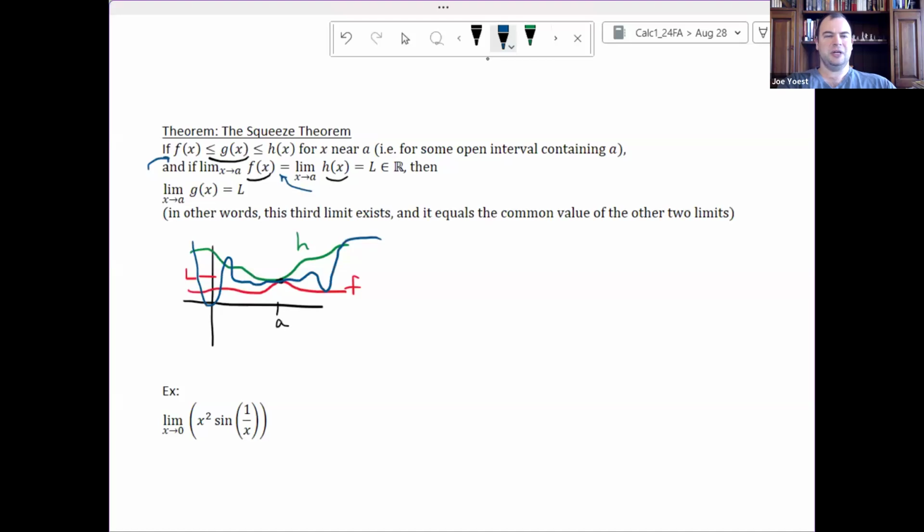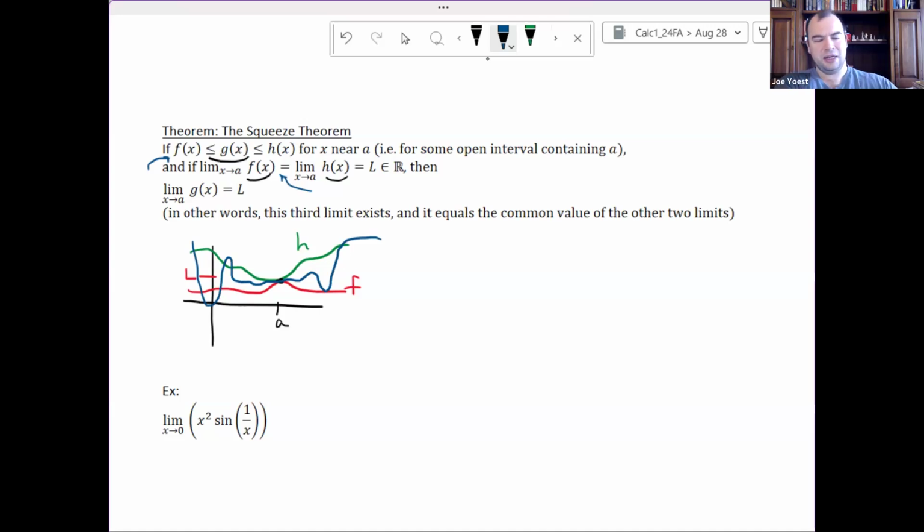It can't be too poorly behaved and not have a limit, because f and h are nicely behaved enough to have a limit. And if it has a limit, it can't be anything other than L, because the limits of f and h are L, and g is between those two. So the limit of g has to be between L and L. It's got to be L.